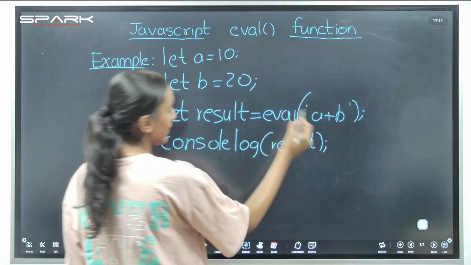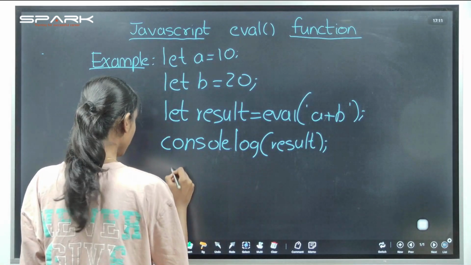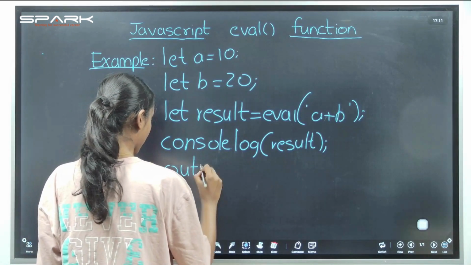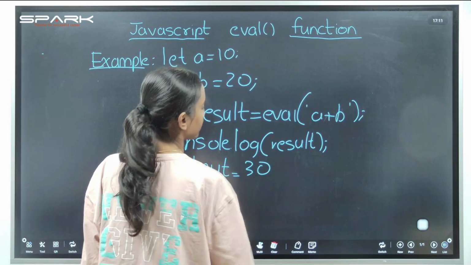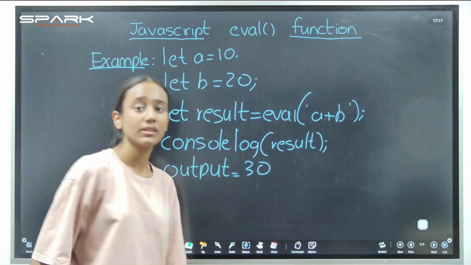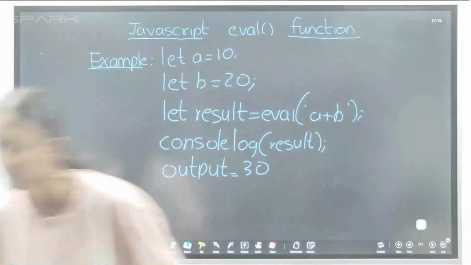This is the basic eval function. So the output will be the sum, because even if you pass it as a string, this is the basic function of JavaScript.